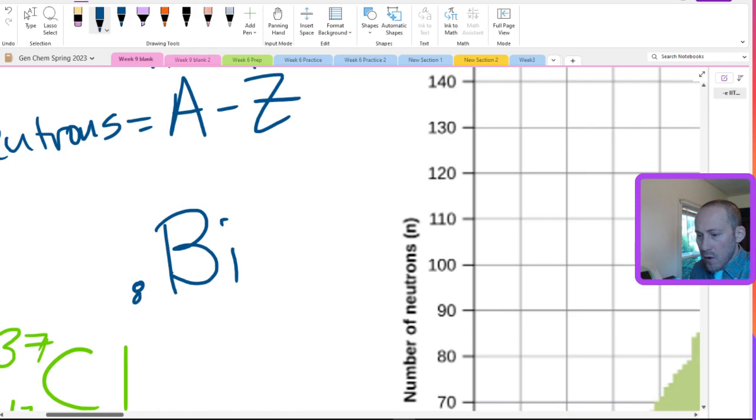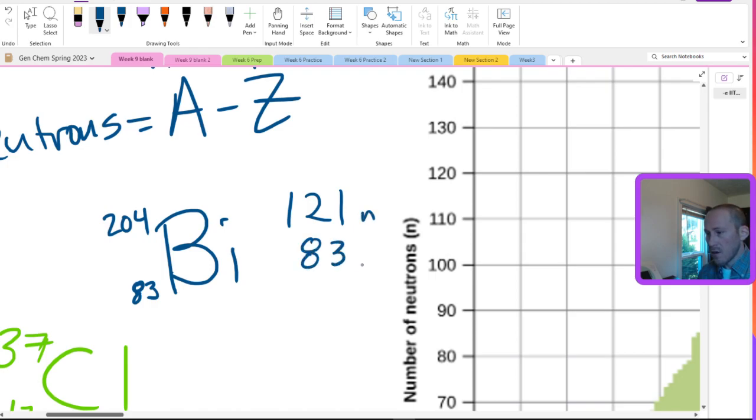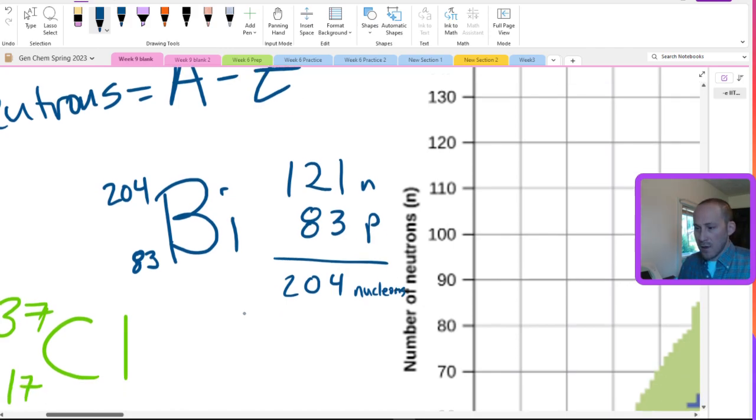Its number of protons is 83. Talking bismuth 204, so 204 minus 83 is going to be 121 neutrons. With the 83 protons, I'm going to double check myself. I mean, yeah, that's obviously 204. 204 total particles. Nucleons, right? Your protons and neutrons together are called nucleons.